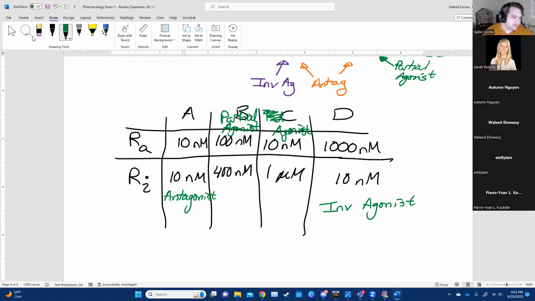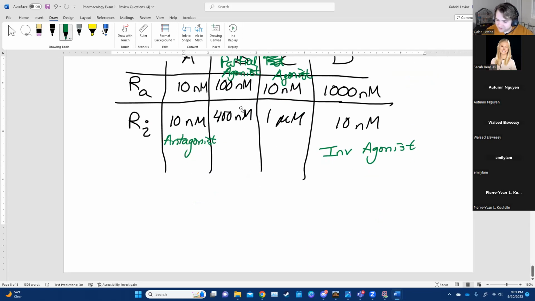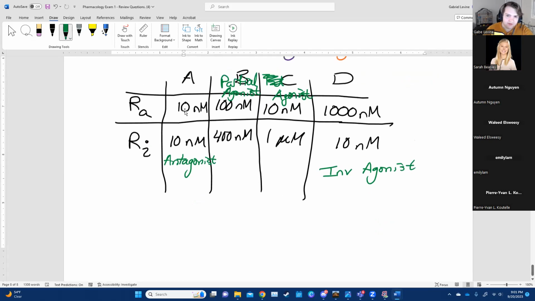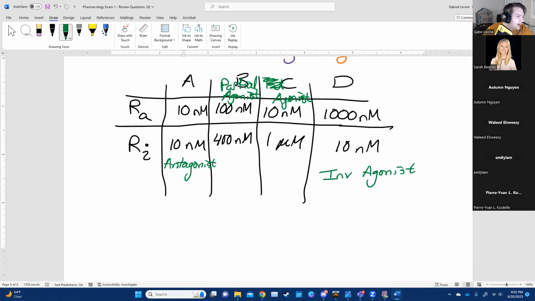I hate units. Oh my God. I don't like math. All right. 10, what was the other one? 10, 8, and 3. C would be partial. Yeah, I would say that C would be partial.